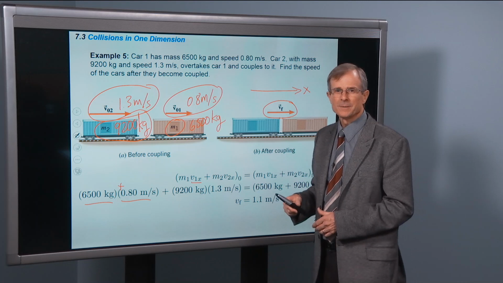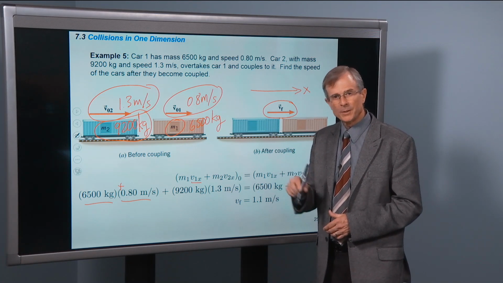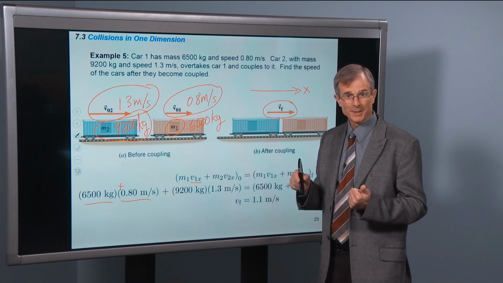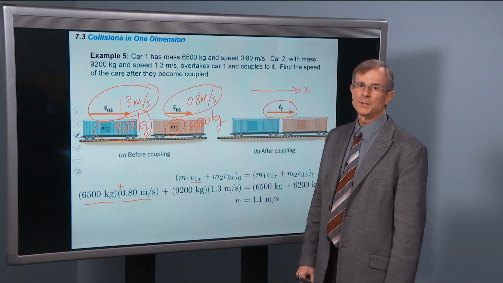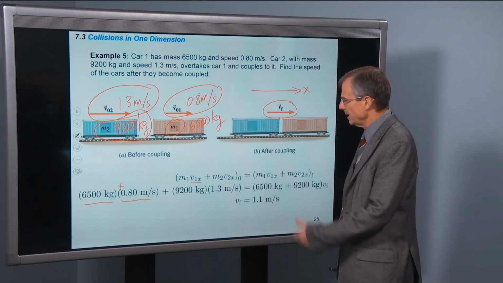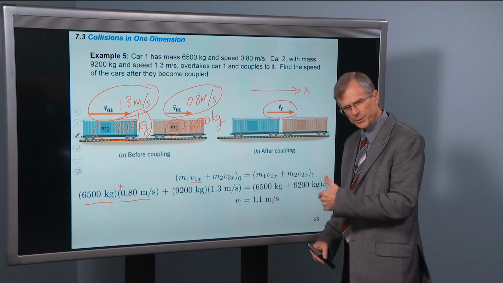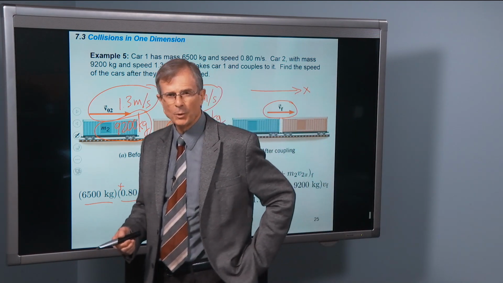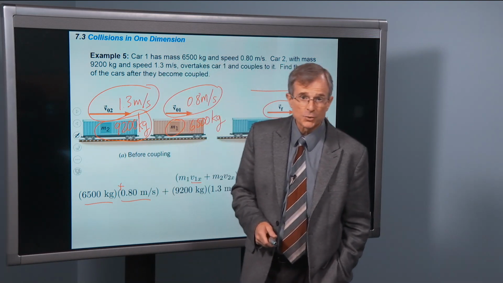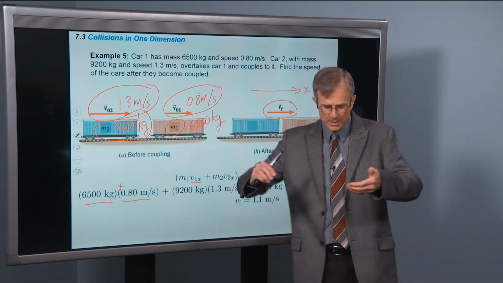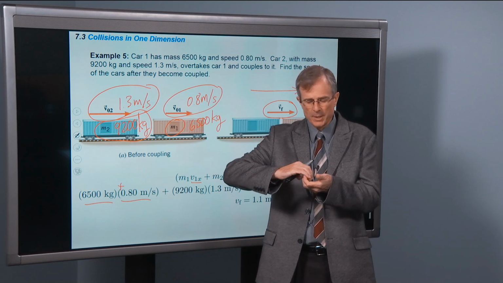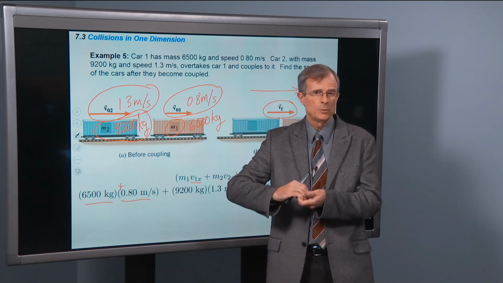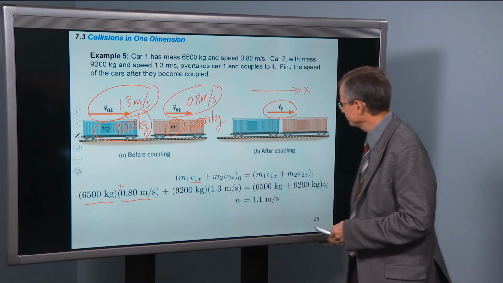And a force that is perpendicular to the motion does no work. So we can ignore the work done by those external forces. We're also going to ignore the friction of the track. One reason why friction in this case is negligible is that the collision is very, very short. During that very short amount of time while those two cars are coupling together, friction doesn't have much time to do much work at all.